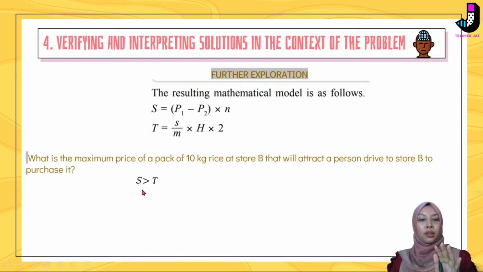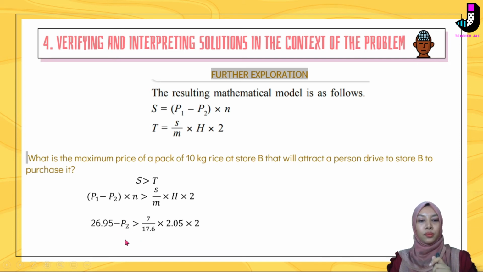So from the formula, S more than T, you're going to replace it with this formula, okay, and then you're going to find the value of P2, okay. So here, this P2 must be less than 25 ringgit and 32 cent.